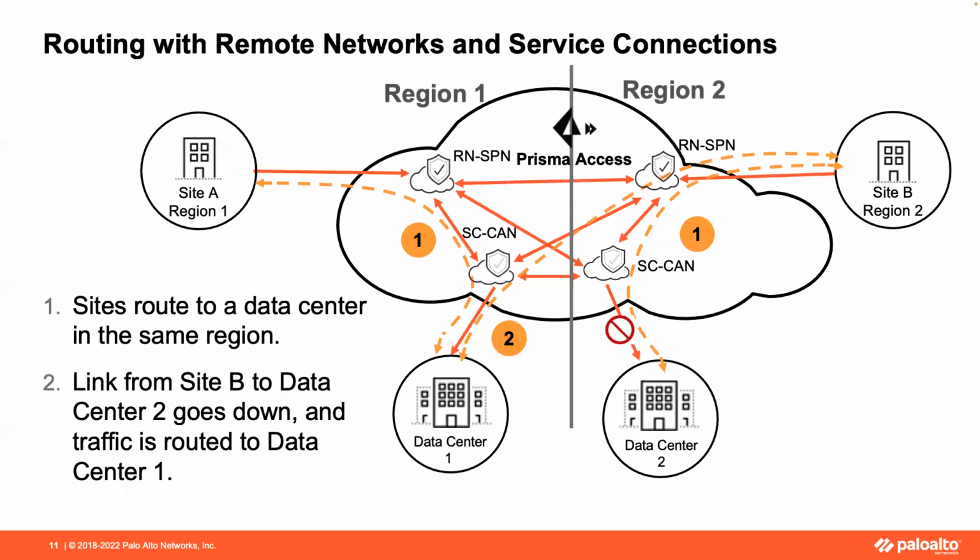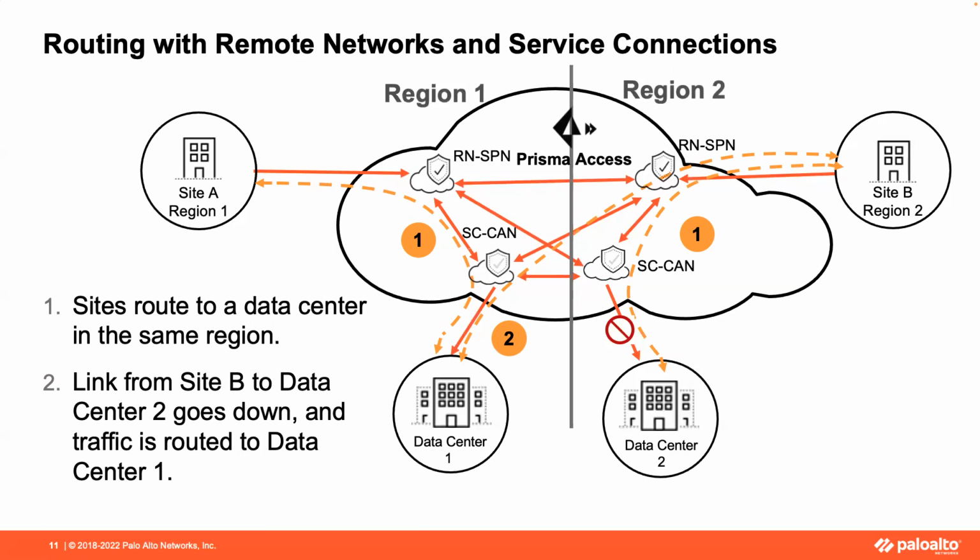The other thing is we are regionalized. So you have the ability to have multiple service connections with different data centers in different compute regions around the world. You know, North America, Europe, Asia, South America, Japan, wherever it might be.